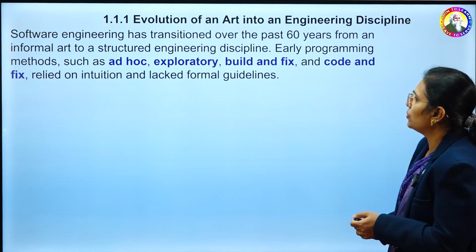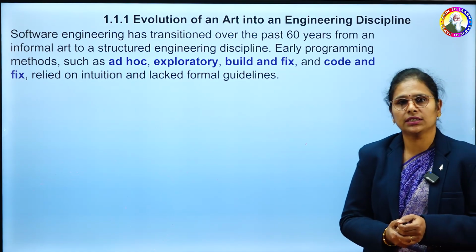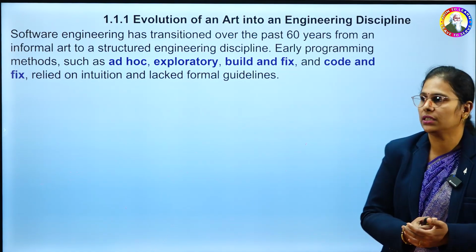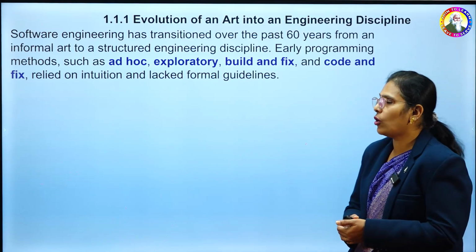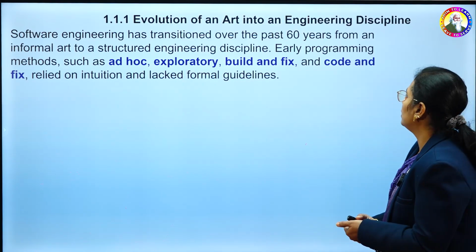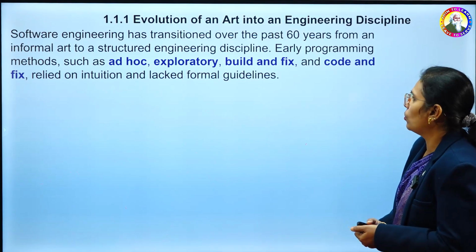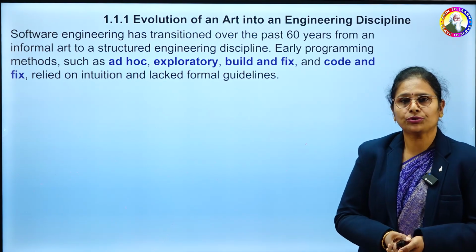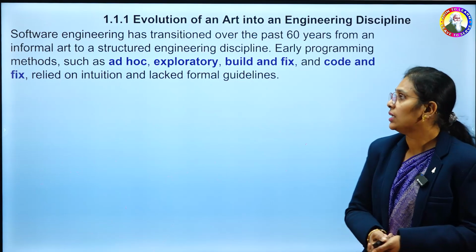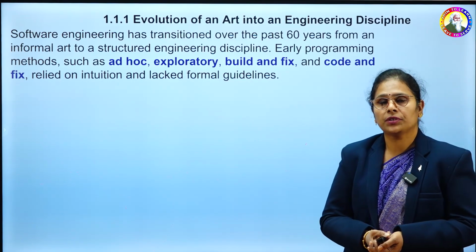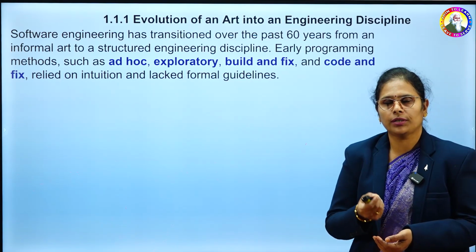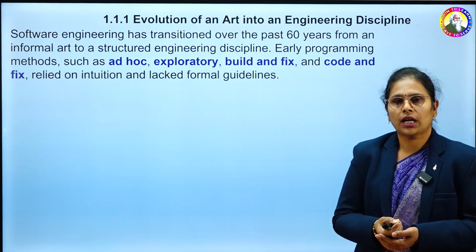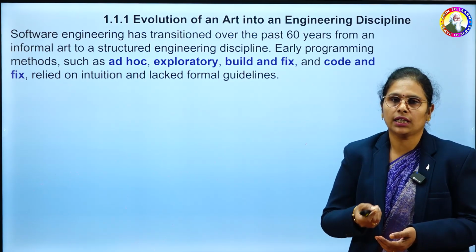Now, in these early programming methods from 60 years ago, the methods are called ad hoc, exploratory, build and fix, and code and fix. These are the methods that students generally use in our college. Ad hoc means the old style where, in order to solve one problem, we need to write some 1,000 lines of code.